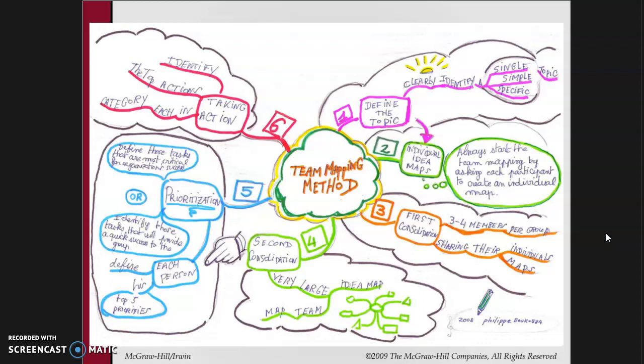Take it easy on yourself. You don't have to do a lot. Just send me the picture, or maybe you're really good at this kind of stuff and you can send me a document or whatever. Try to do it by Wednesday, and I'll get back to you with some helpful, friendly advice. And then you can incorporate that into your idea map.